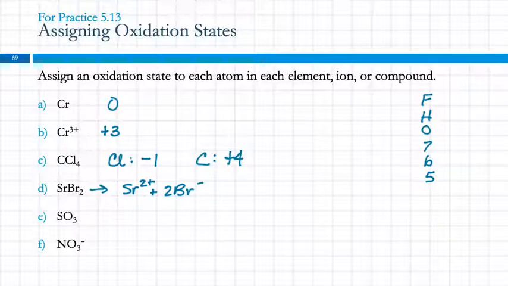Those are actual ions. So then the oxidation states are easy because the oxidation states are the same as the charges. So for strontium, the oxidation state is +2. And for bromine, the oxidation state is -1. Each bromine is -1. Any questions?